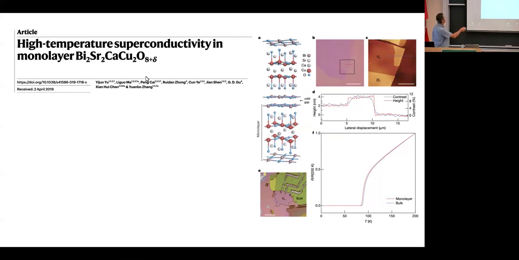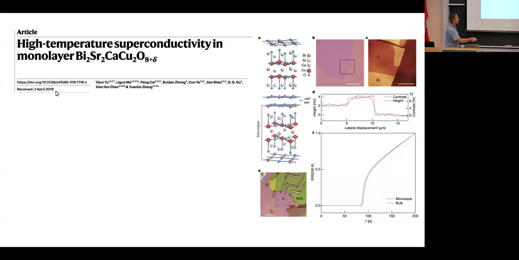It's this compound, one of the prominent examples of the cuprate family with the critical temperature near 90 Kelvin. And this has been a difficult journey for technical reasons that I don't have time to discuss, but only in 2019, this was the first group to succeed to look at a single monolayer of this material.